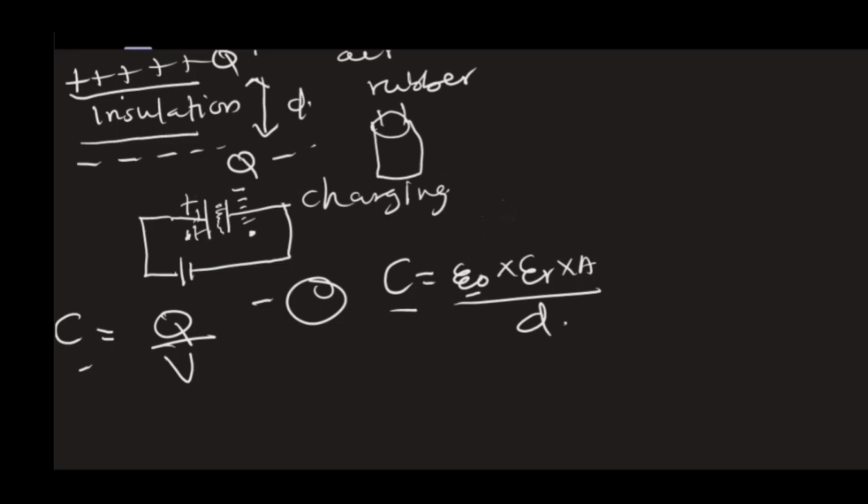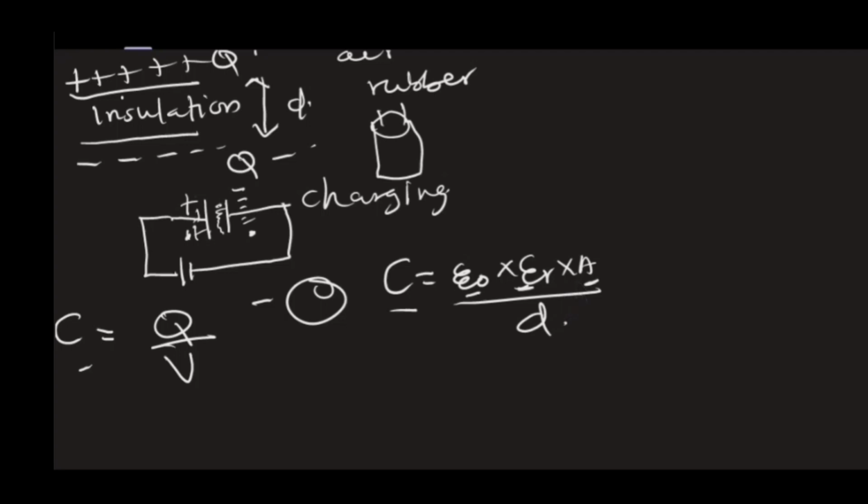And this is the relative permittivity. Then this is the area of the plate, that is the electrode area, and d is the distance between the plates, and this also gives us our capacitance.